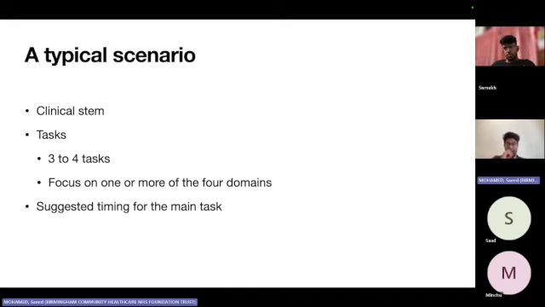For example, they could give you a case history where you're supposed to take history, that's one of the tasks, but you'll have to finish it within 5 minutes. Remember, I told you you will have 2 minutes of reading time and 8 minutes to actually do the station. Out of those 8 minutes, whatever time they have suggested, you achieve this particular main task and you'll have to finish it within that time. If you don't, then the examiner will tell you to move on, basically. So you have to be aware of that.